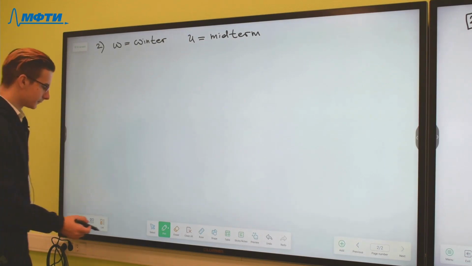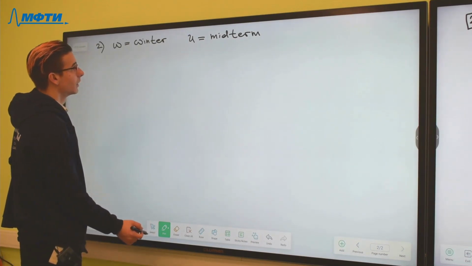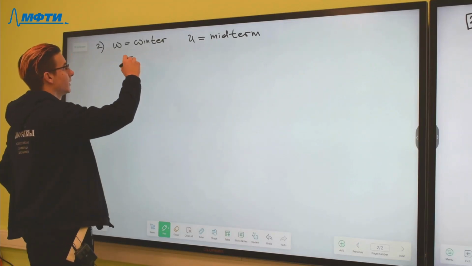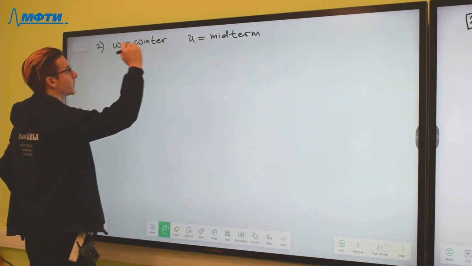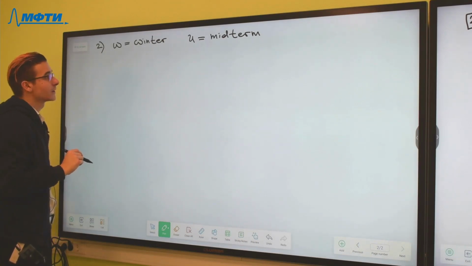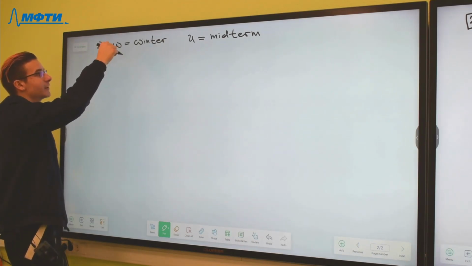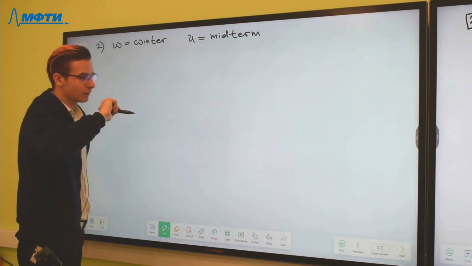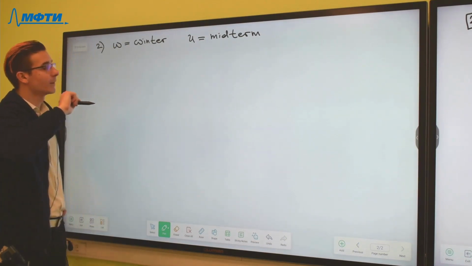And so I can try to write this word under this, such that the places where they are different will be the minimum.